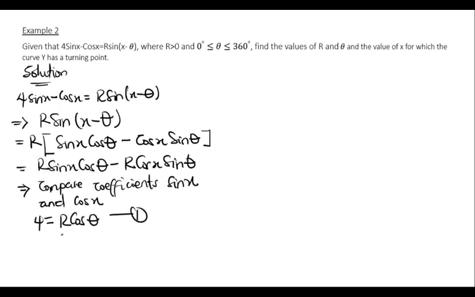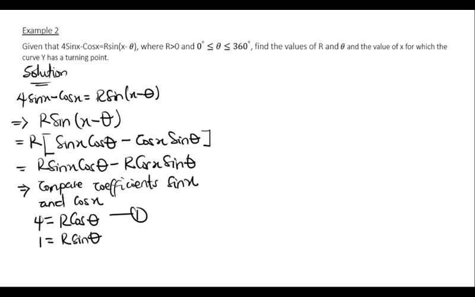This is our equation 1. For the second one, which is cos x, we have the cos x over here, and this one has the coefficient of 1 over here, so we have 1 is equal to r sine theta.